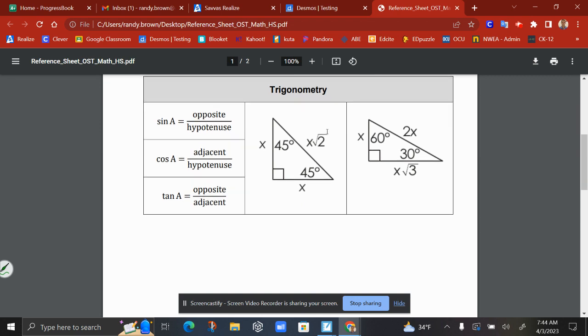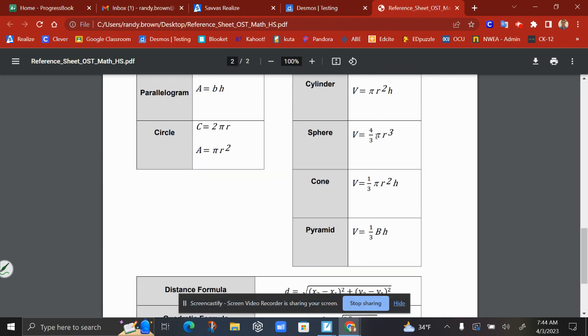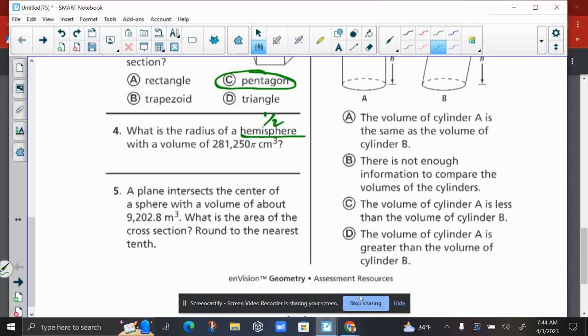On our formula sheet, if we go to the back, there's our formula, 4/3 pi r cubed. Now, since it's a hemisphere, it's half of that. So we can divide this whole thing by 2.